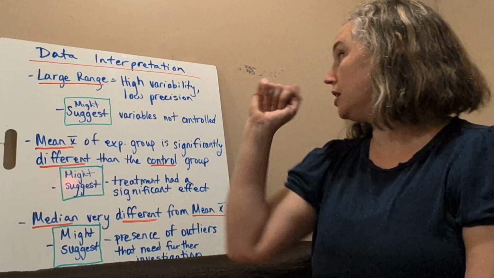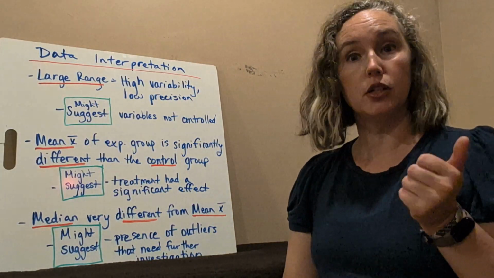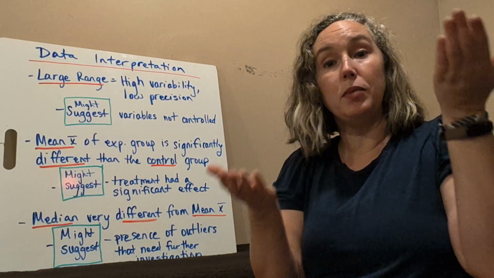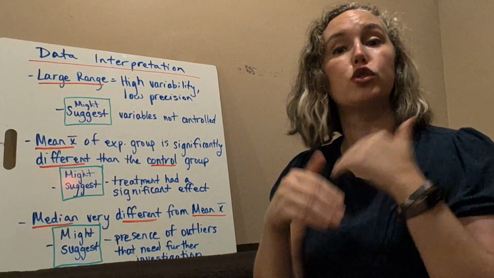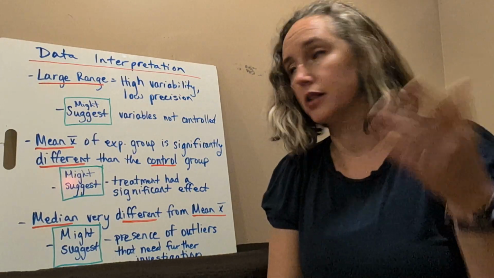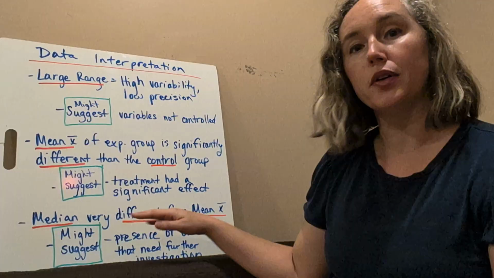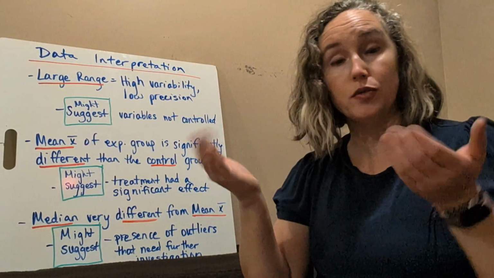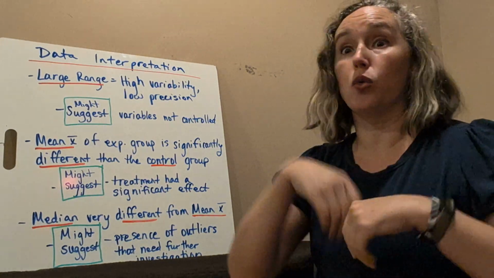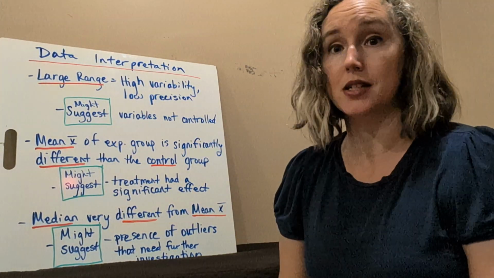If the mean of your experimental group is significantly different than the control group, then that variation in the mean could suggest that the treatment you did in the experimental group had a major effect. And if the mean is very different from the median, that might suggest that there were some outliers or some extreme values that need further investigation.